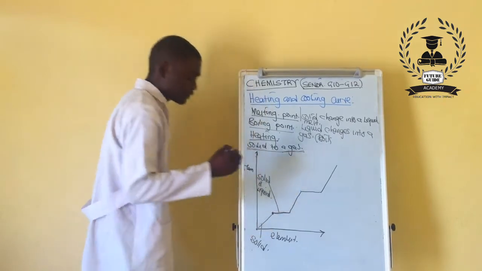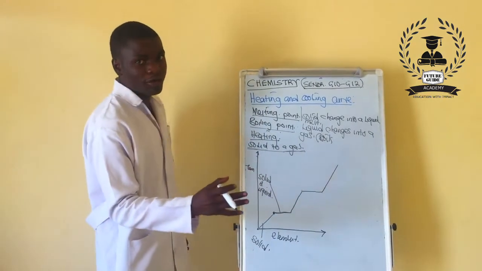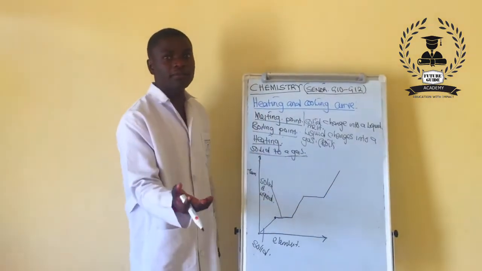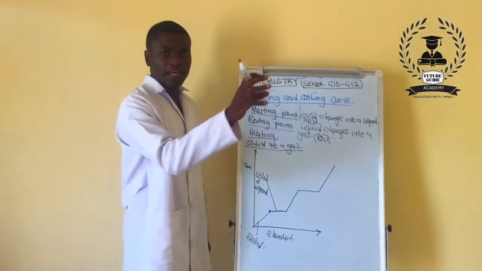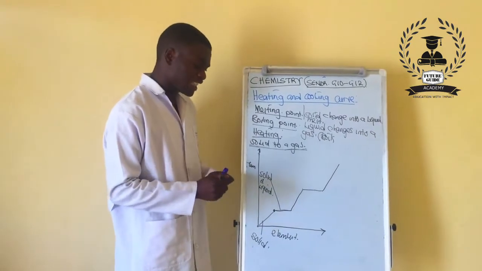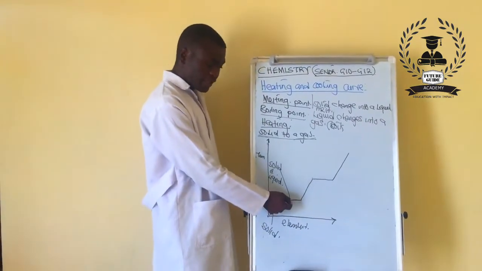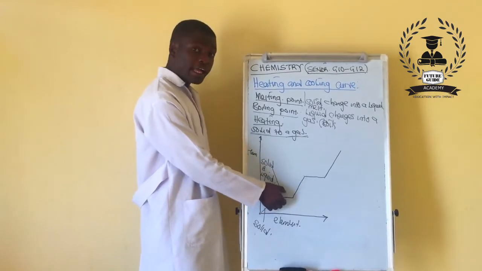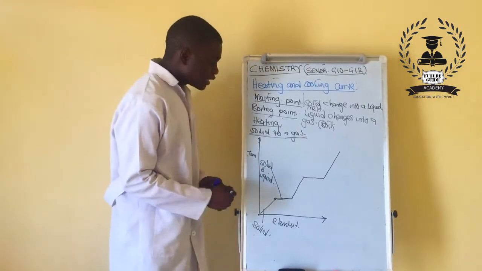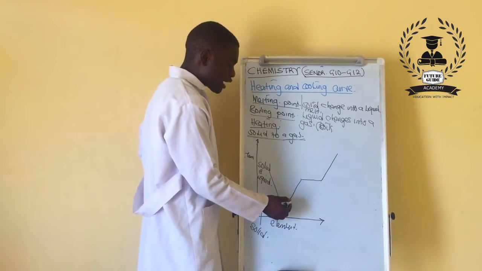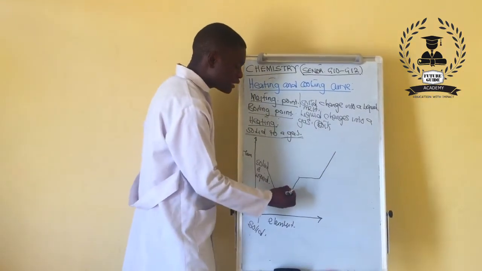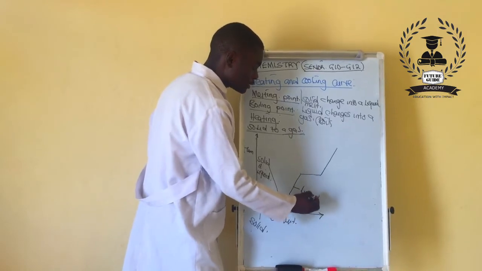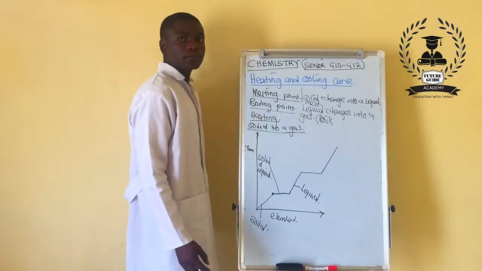Remember, if you have a bottle and there is ice, sometimes you find that when ice starts melting, there will be an amount of ice as well as an amount of water. This is what is happening at this stage. It's a mix of a solid and a liquid. When it reaches this point now, completely this thing becomes a what? A liquid.